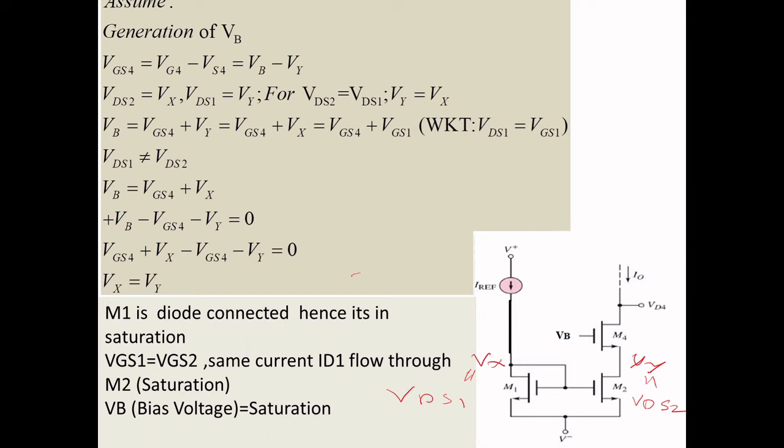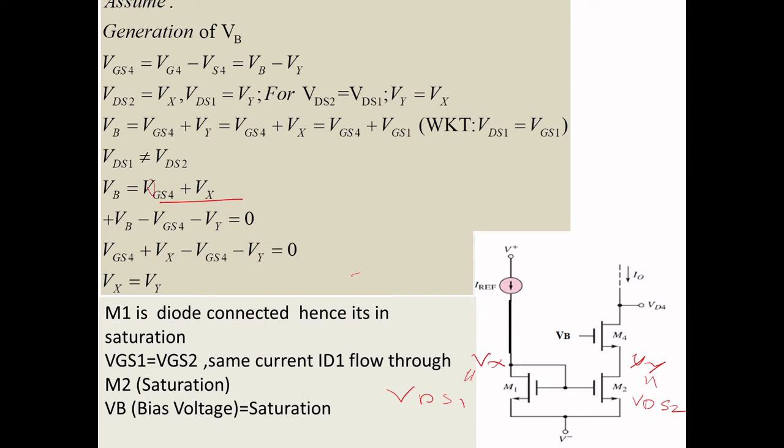That means I want to make Vx equal to Vy. So I am going to use some bias voltage such that the change in the output stage, VDS2 with respect to I naught, will be compromised. With that, Vx will be equal to Vy, I can prove. So what is that bias voltage? First you want to generate it. That is VGS4 plus Vx.